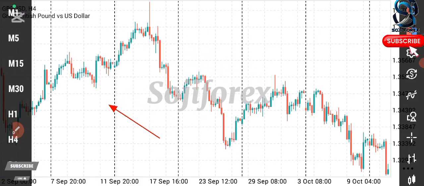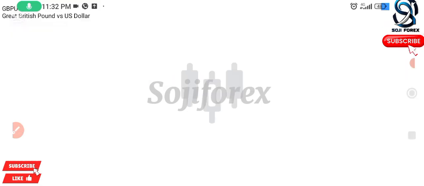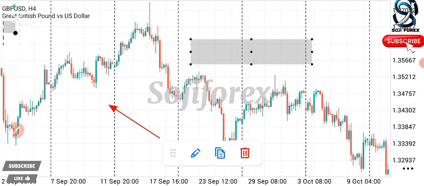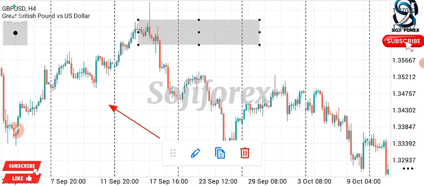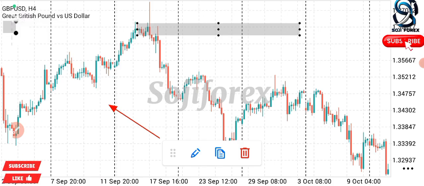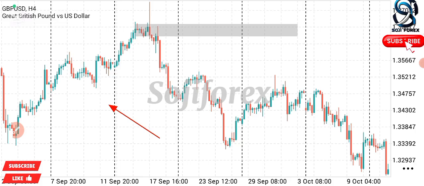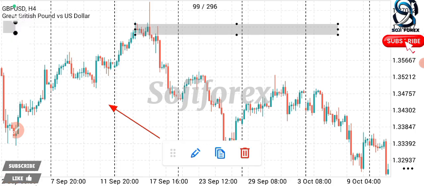I want to show you an instance. In this scenario, look at what happened here. If you are to mark this price movement, here is your order block. This is your order block. To a price action trader, this is their resistance zone.